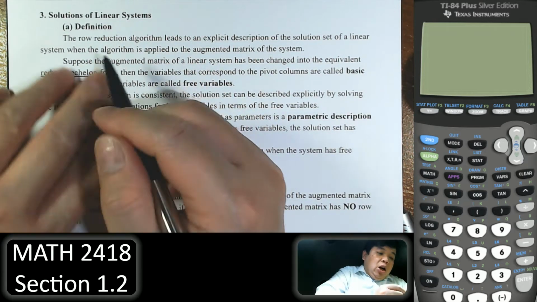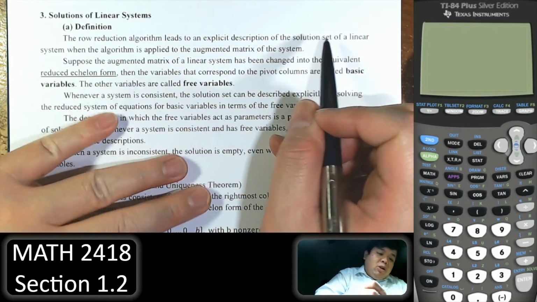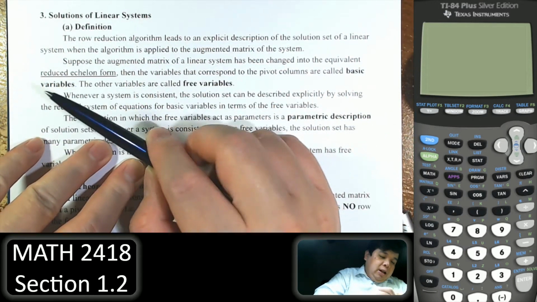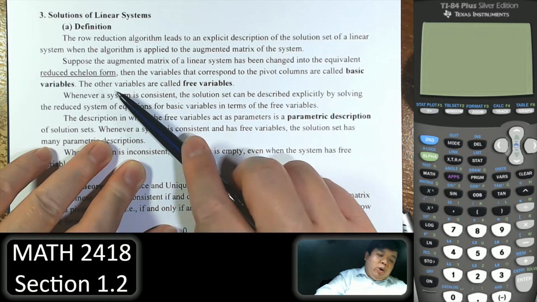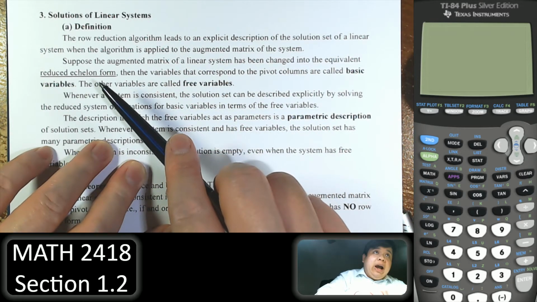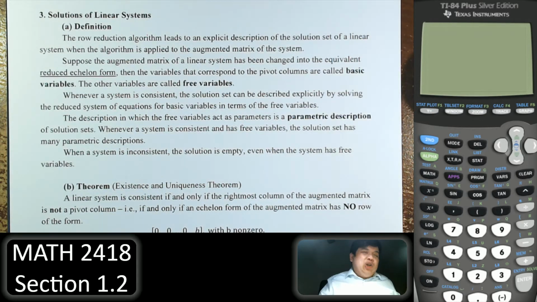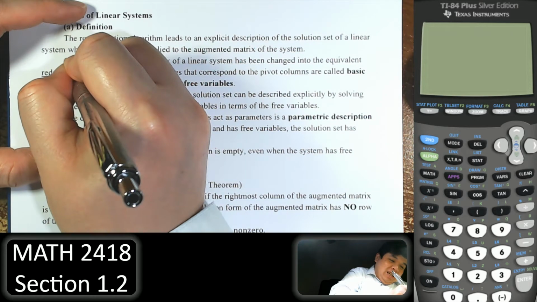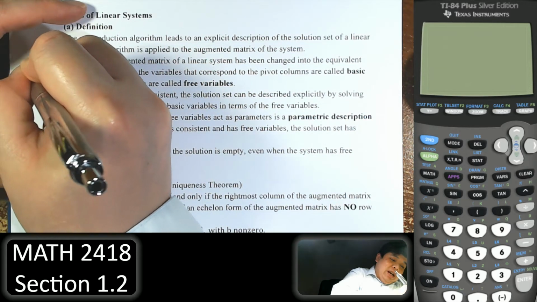Next, a few more theorems before we actually go back to our examples. The row reduction algorithm leads to an explicit description of the solution. Suppose an augmented matrix of a linear system has been changed into equivalent reduced echelon form. I'm just going to add reduced row echelon form, so we have the RREF.